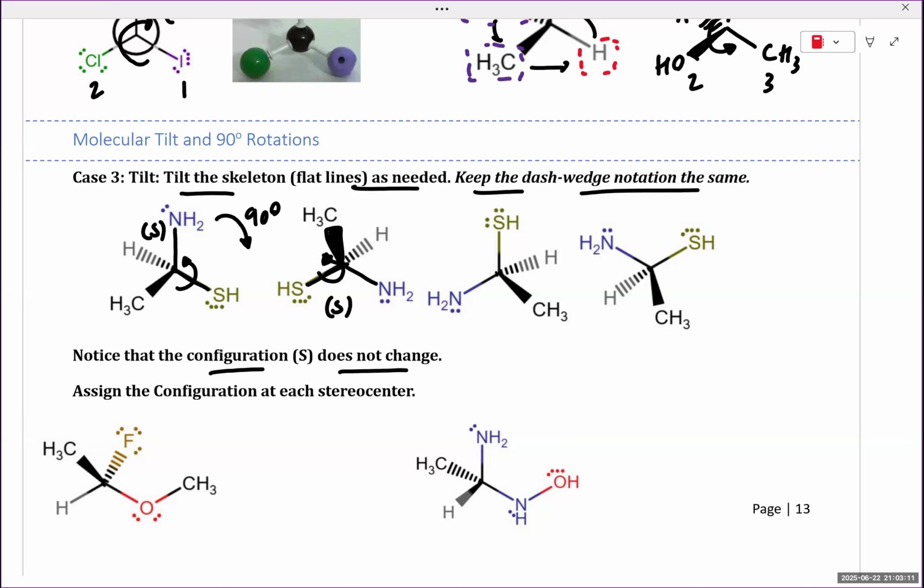We can continue tilting. If we wanted to take this molecule, we can tilt it further another 90 degrees, and that gives the following molecule. Tilting another 90 degrees gives us the following molecule.